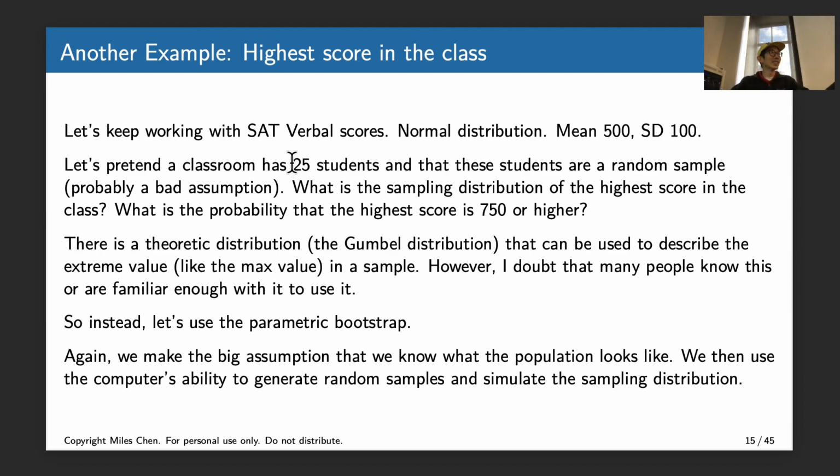A lot of times they separate students into different groups, so having a truly random sample of 25 students is probably not realistic. But let's say we did have a truly random sample of 25 students.